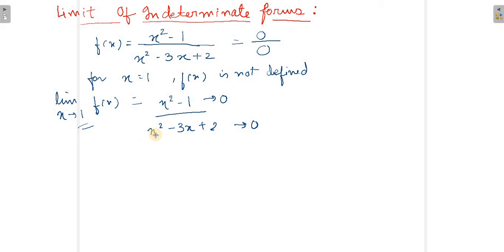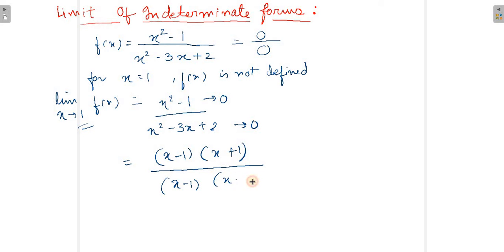So how can we find this one? First of all, we can write this x square minus 1 as x minus 1 into x plus 1, and we can also write x square minus 3x plus 2 as x minus 1 and x minus 2.